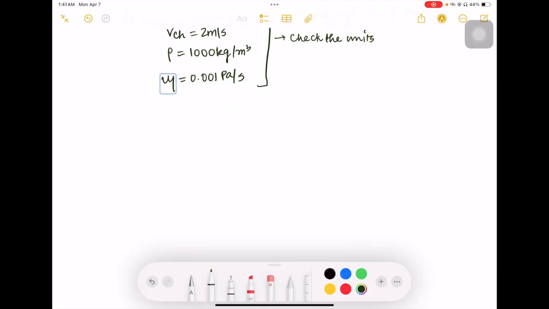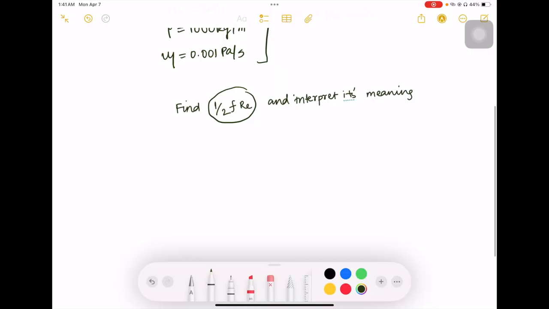So let's start the question. We need to find half F into RE and interpret its meaning. What does that actually mean? So the solution is as follows.